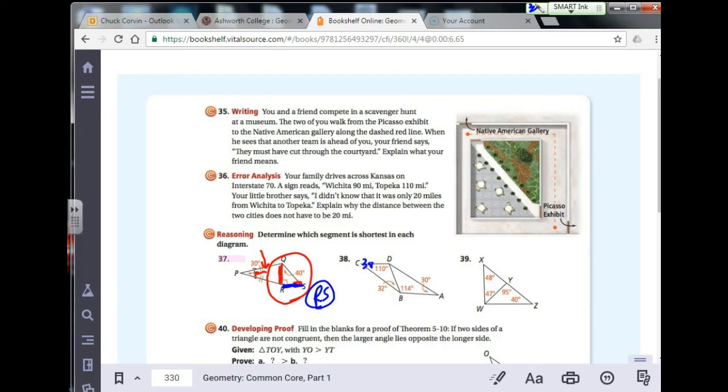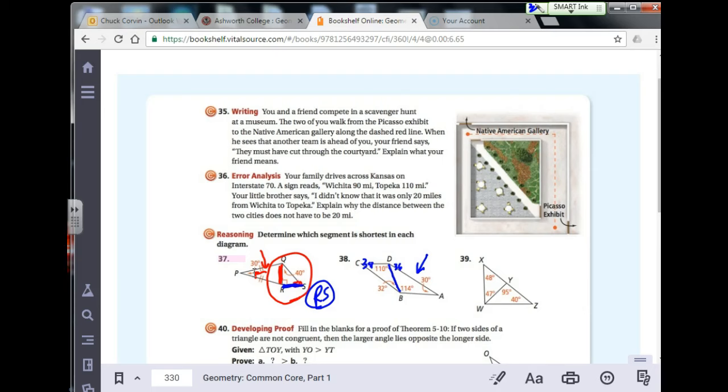And if this is 114 and the other one is 30, then 180 minus 144, which is what those are together, would be 36 degrees.